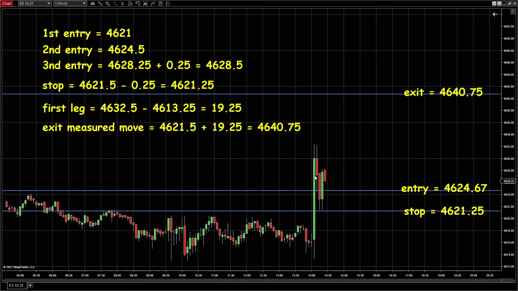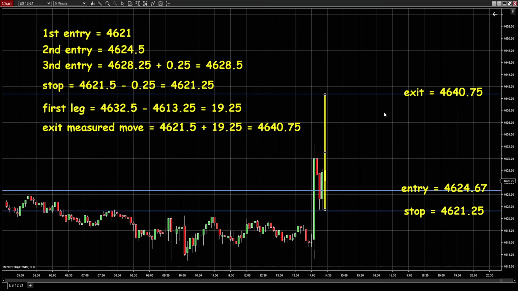And then we do a measured move, something like this. We measured here. This is 19.25. And then we assume it can move the same after the first pullback. So we measure from the bottom of the pullback until here. So the measured move here reaches 4640.75. This is the profit target for the number 3 option.